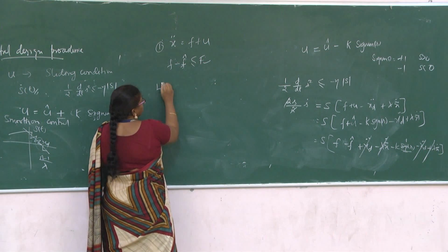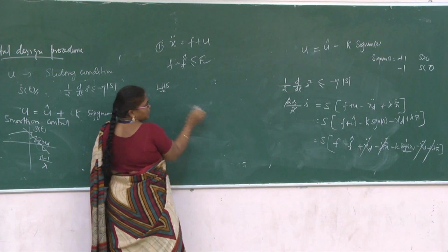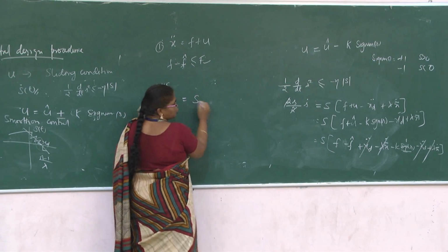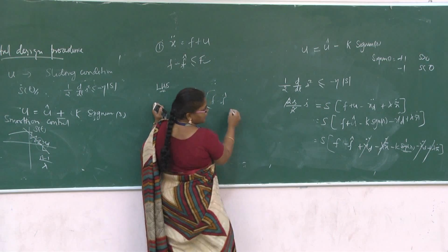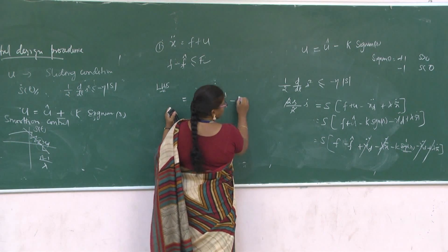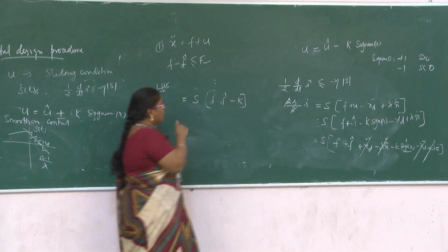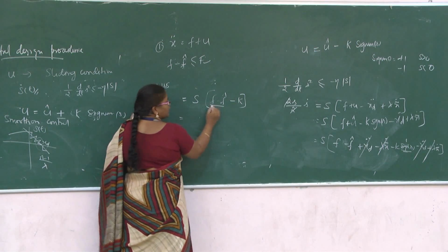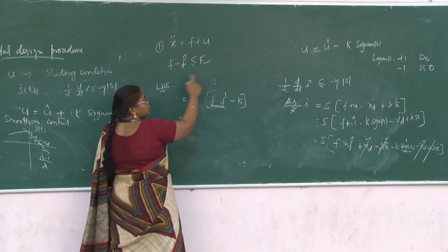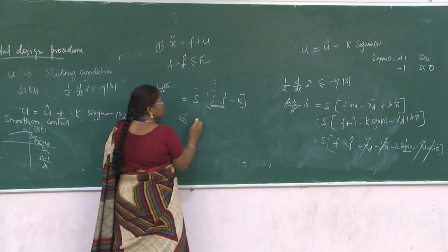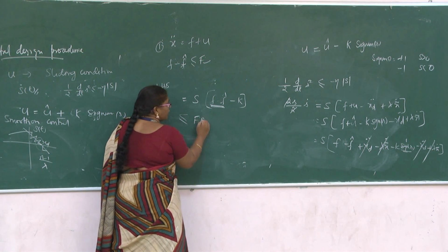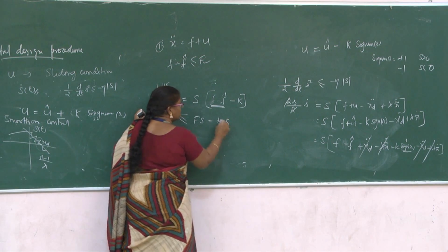The left hand side is equivalent to s into f minus f cap, and then minus k. Next, for f minus f cap I can use the given condition. Substituting, this becomes less than or equal to capital F s minus k s.